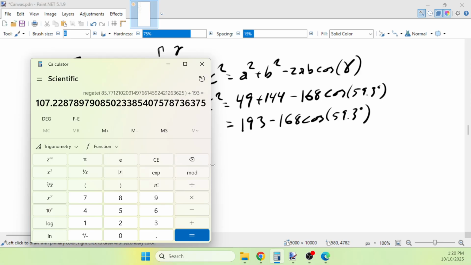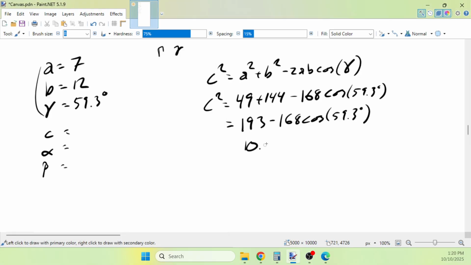This isn't what I want. I want the square root of that. I'm going to round that to 6. C is the square root.